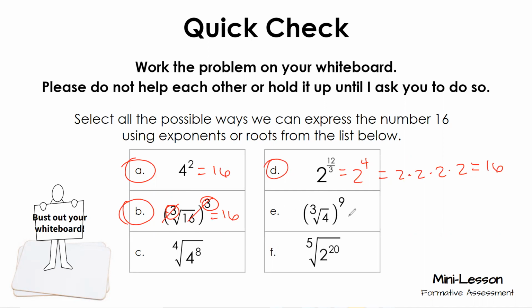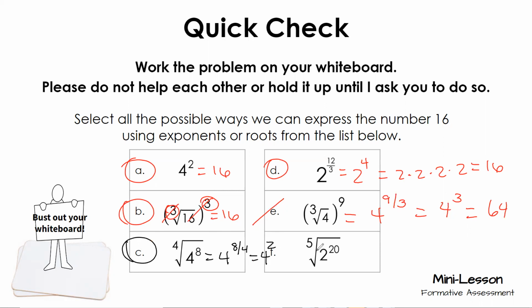For E, we have 4 raised to the 9/3. Well, that simplifies to 4 to the 3rd power, which equals, I think, 64. So that's not going to work. On the next one, we can rewrite this as 4 raised to the 8/4 power, which is the same thing as 4 to the 2nd.